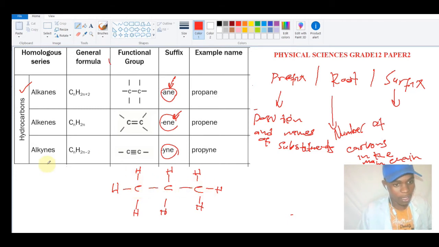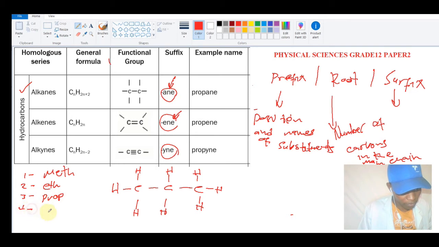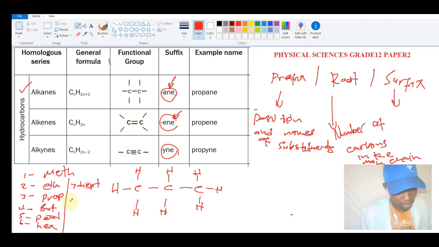When we have 1, it's meth. 2 is eth. Number 3 is prop. 4 is but. 5 is pent. 6 is hex. 7 is hept. 8 is oct. 9 is non. And 10 is dec.